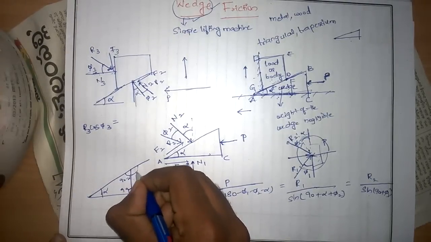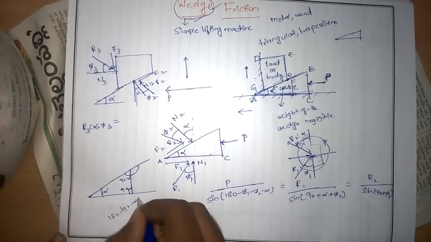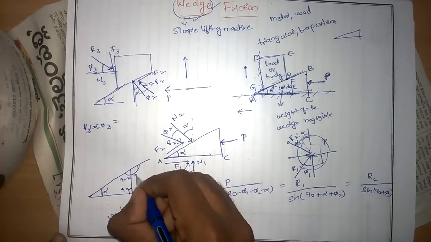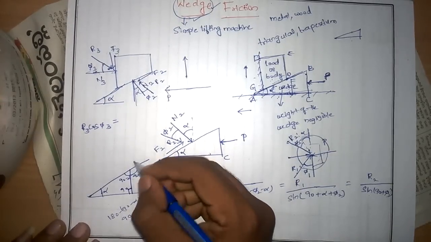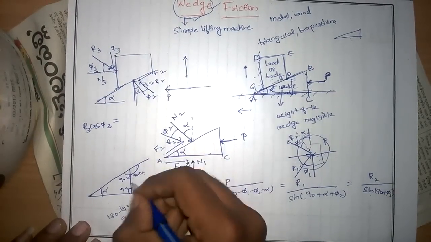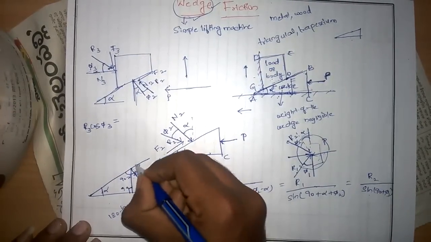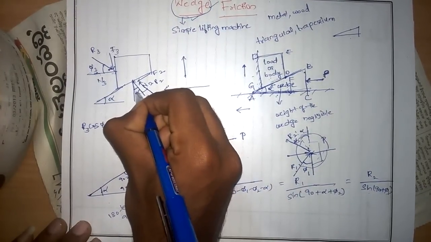Then what about this angle? 180 minus 90 minus alpha, that is 90 plus alpha. This angle is 90 plus alpha. However, I have already drawn a normal to it. Then when we subtract out of 90, it means this angle should be 90. Then the remaining angle is alpha. In this way, we got this as alpha.